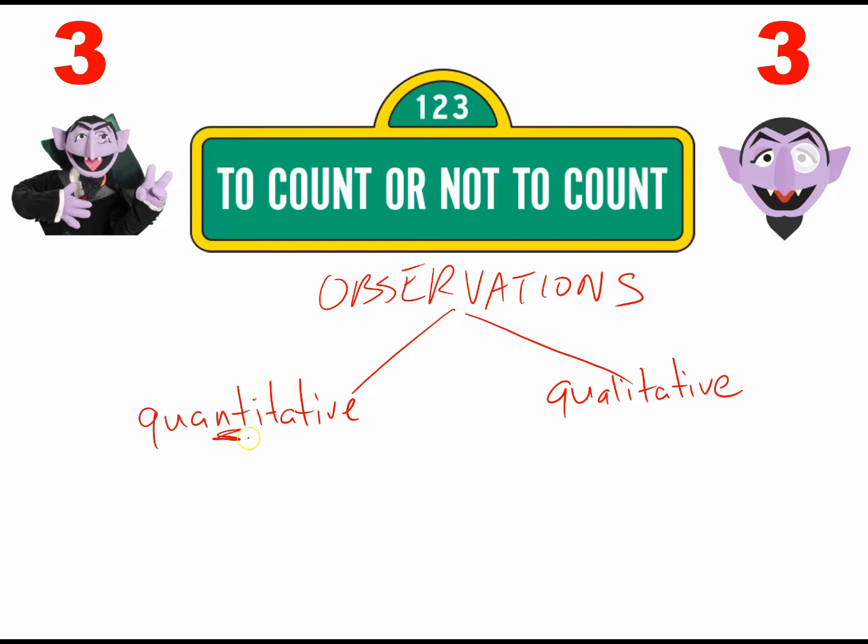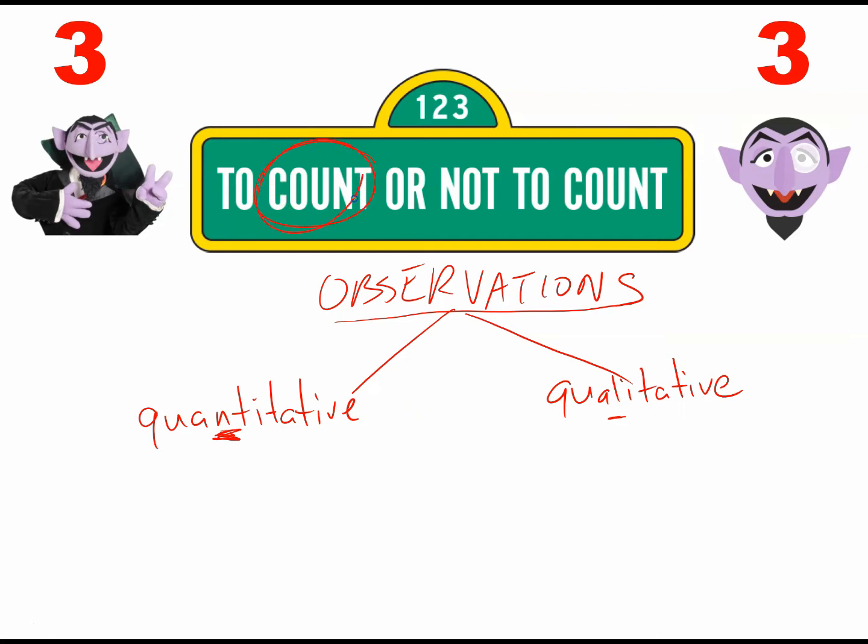Those observations that contain numbers we call quantitative, whereas your qualitative observations are more about the qualities, the characteristics, things like color, descriptive things like texture.